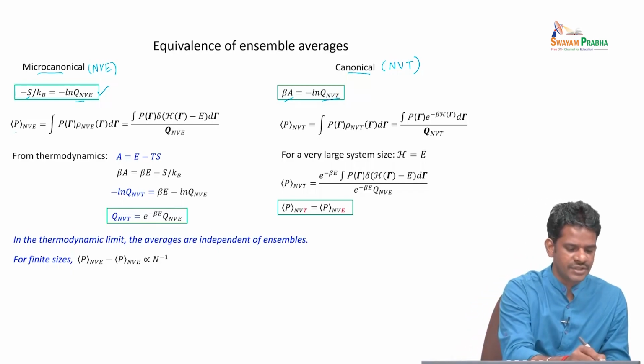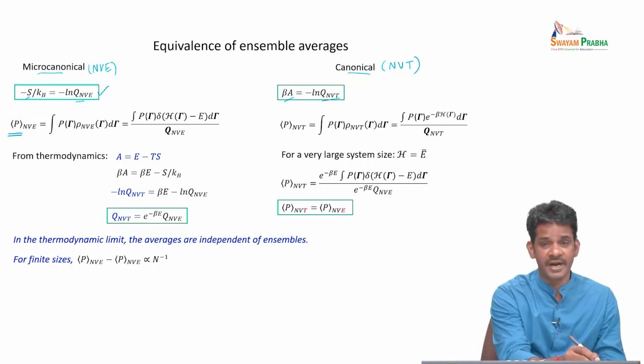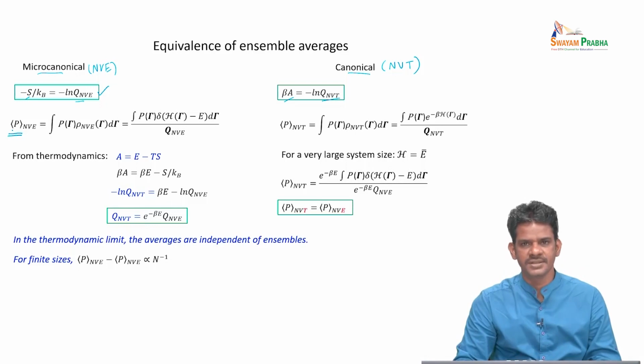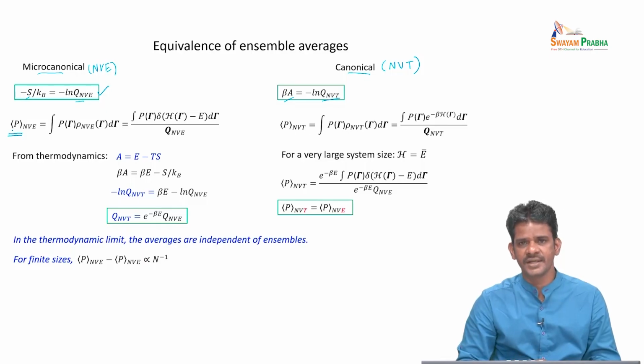This average pressure is written here with a bracket. This angular bracket means it is an ensemble average. We also keep in mind that averages could be either ensemble averages or time averages. For this particular proof, we are taking ensemble averages. Ensemble averages and time averages are equivalent provided the system is ergodic.